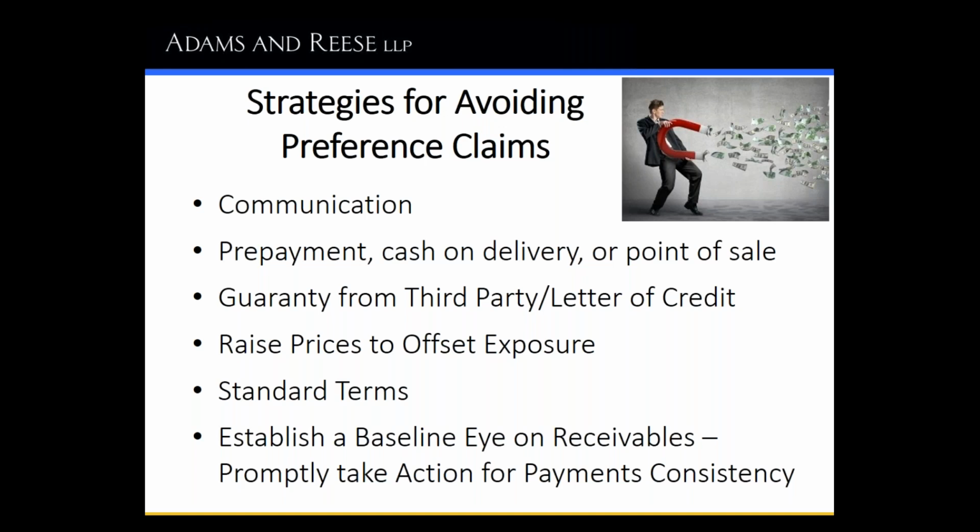It's not necessarily mitigating or preventing, but it's internally accounting for customers that your business suspects are in a solvency risk area, and maybe accounting for 90 days' worth of preference exposure to those customers, so that if a preference lawsuit is brought, that claim does not come as a surprise and is already at least accounted for.